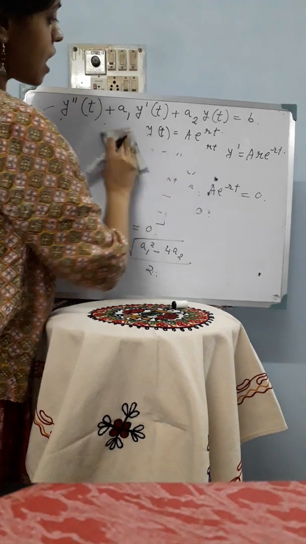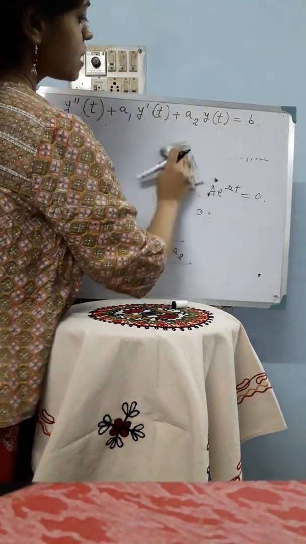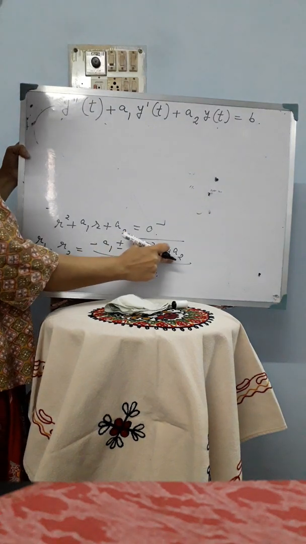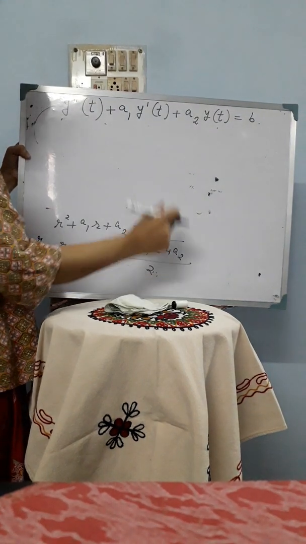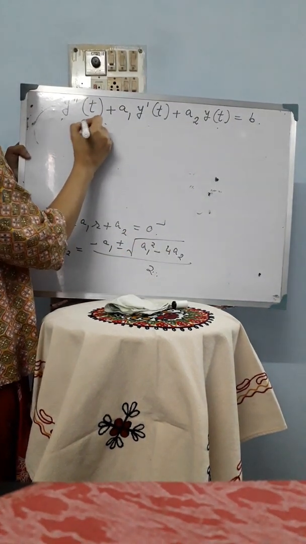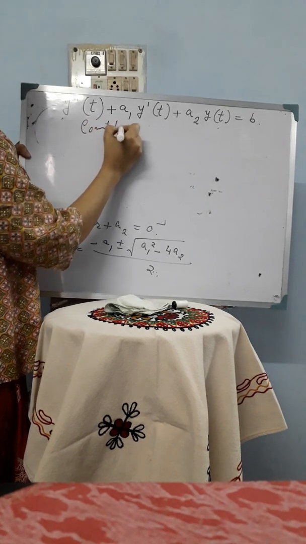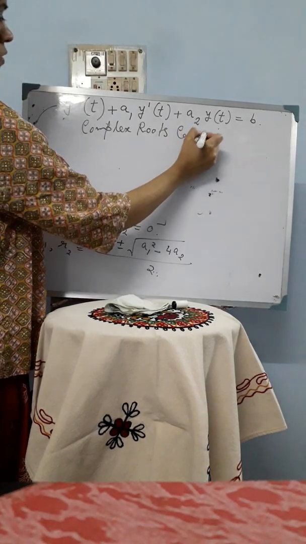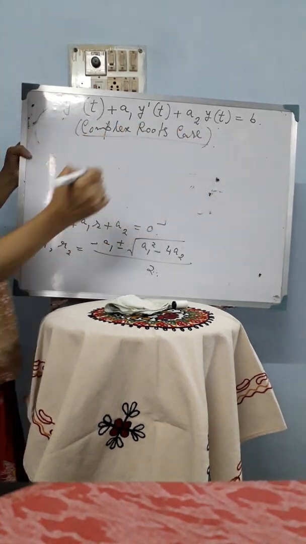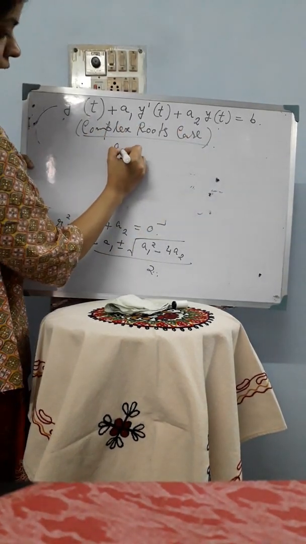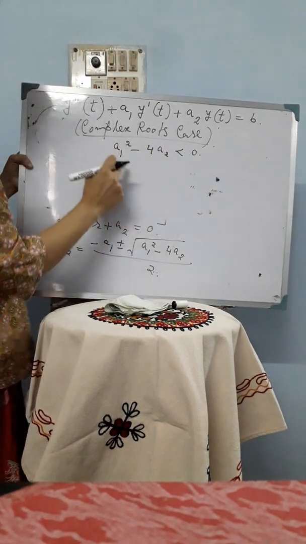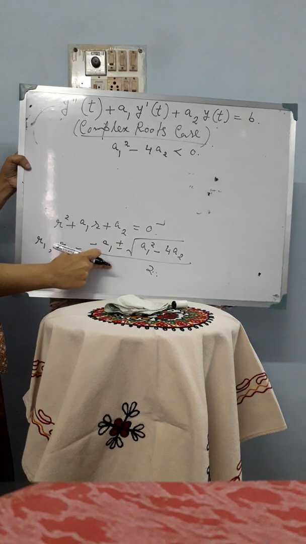If these two roots r1 and r2 are complex, then the term within the root should be less than 0. So here a1² - 4a2 should be less than 0. In that case we will get the complex roots.